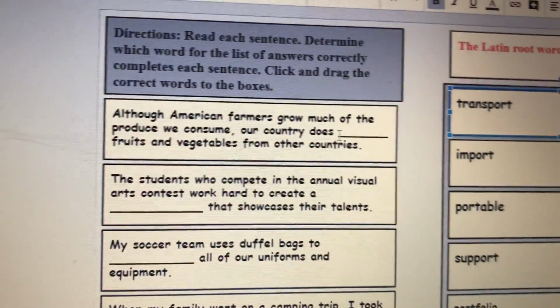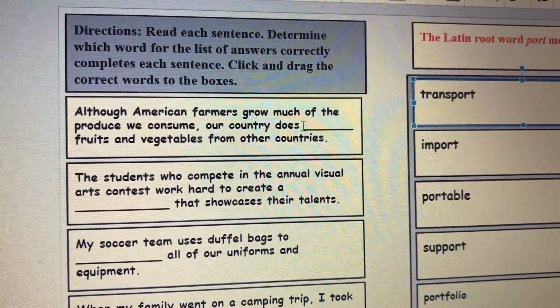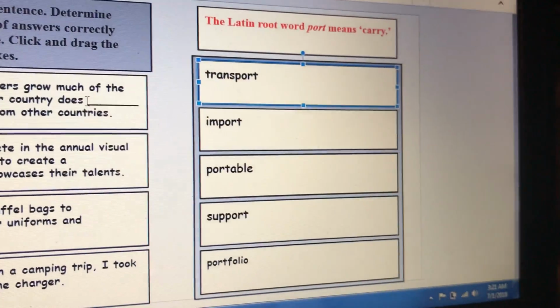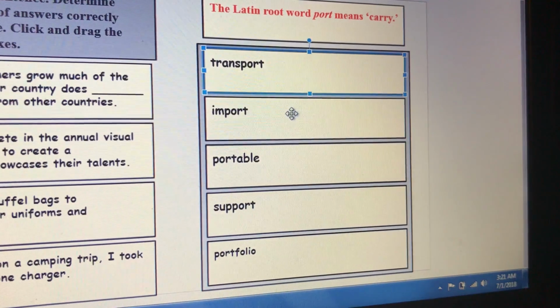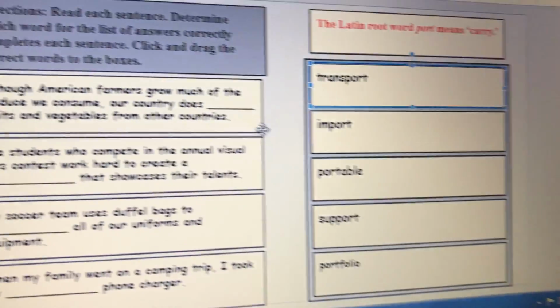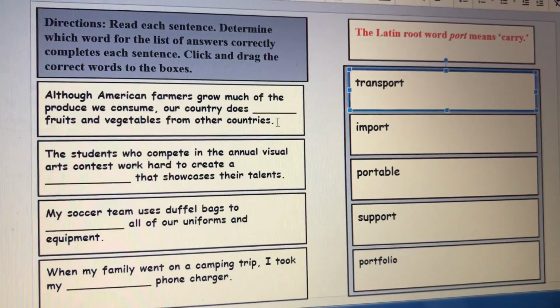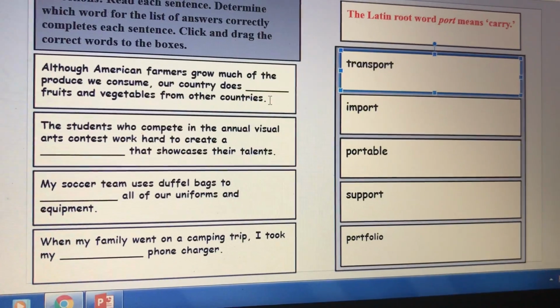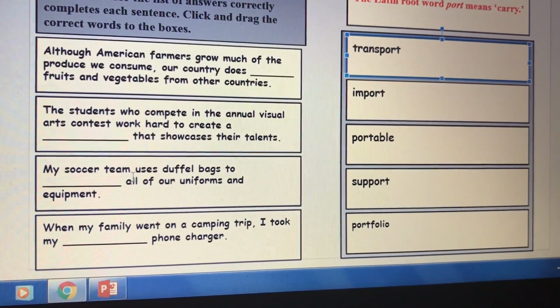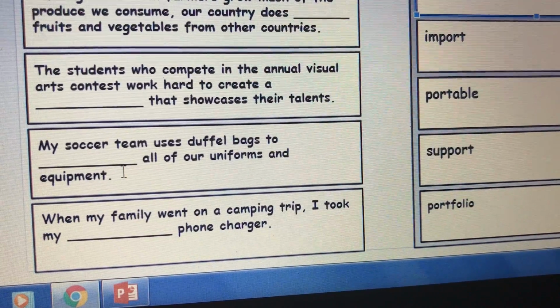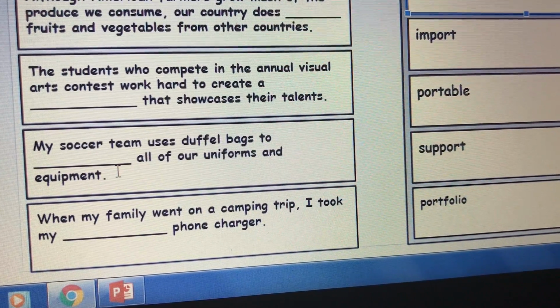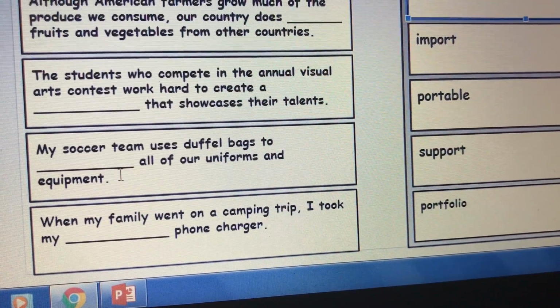So students will read the sentence and then choose the appropriate vocabulary word and then drag and drop the word to its corresponding sentence. I'll demonstrate. My soccer team uses duffel bags to blank all of our uniforms and equipment.